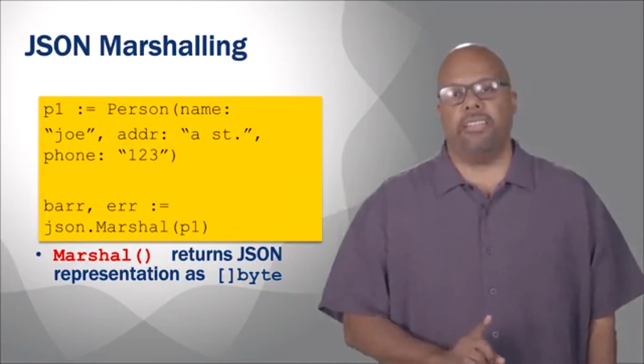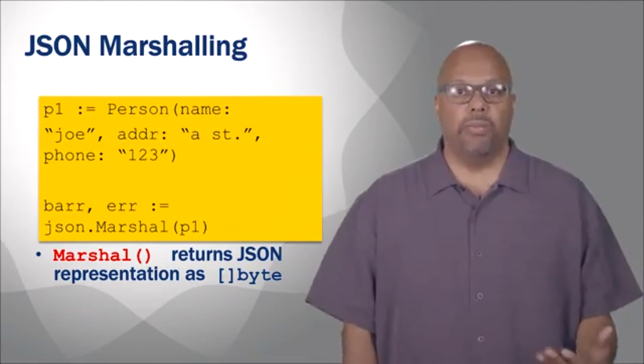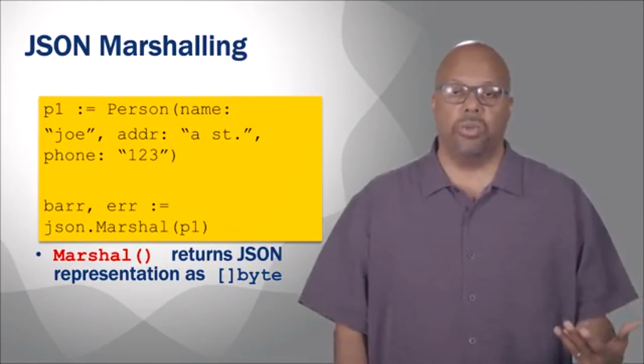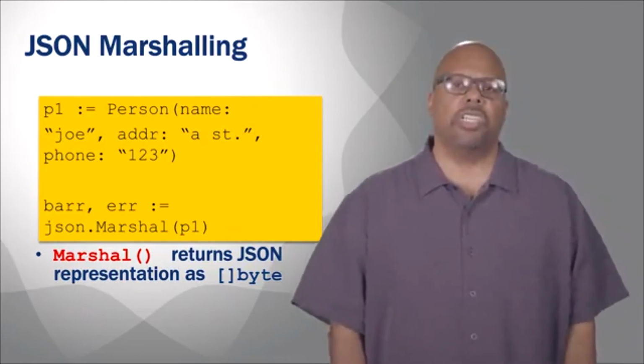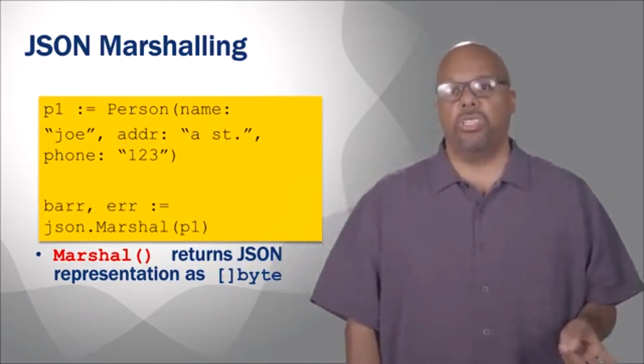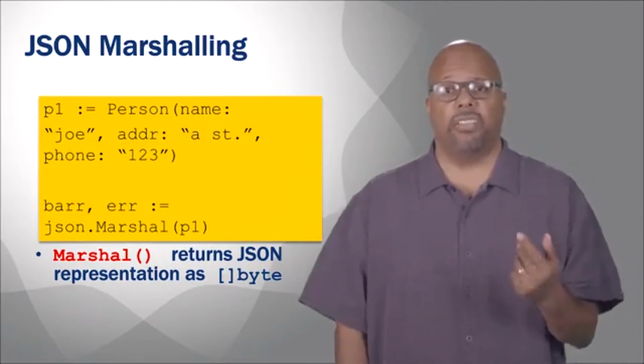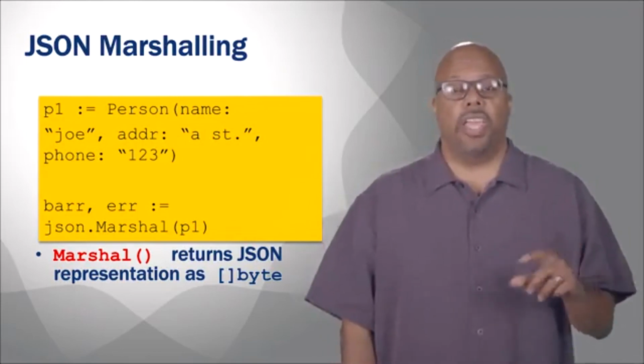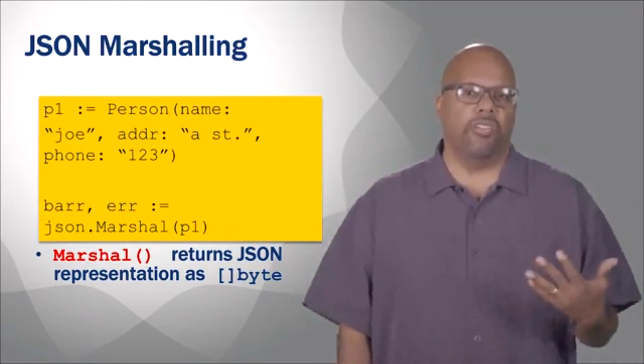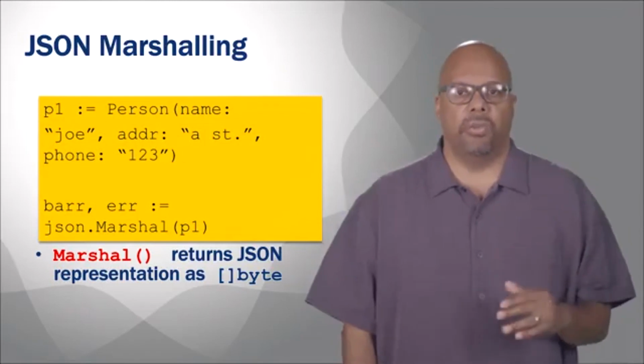And notice that we pass as an argument P1, the Golang structure that we want to convert. We pass that as an argument to JSON.Marshal. And it returns two things. In this case, the first is called B array, as I'm calling it, and the next is error. The error is nil if there's no error. If it converts properly, then this should be nil. There'll be no error.